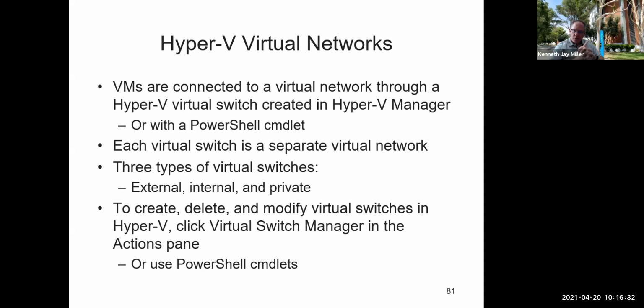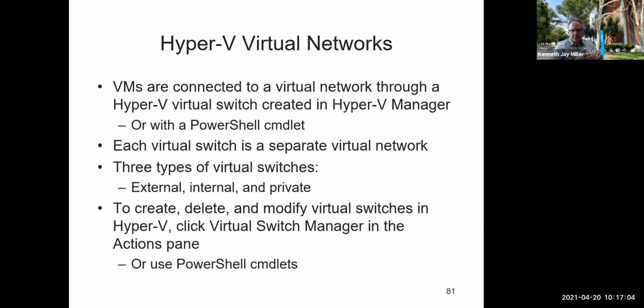When you install Hyper-V, it creates its first external switch. So in our instance, that's our only external switch. All of the other switches that we're going to create will be internal. And the difference between an internal and a private is that on an internal switch, the host machine can see the virtual machines that are connected to the same switch. On a private switch, only the virtual machines can communicate.